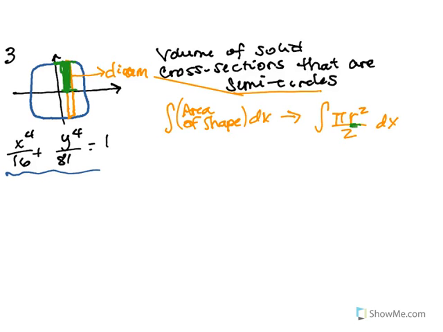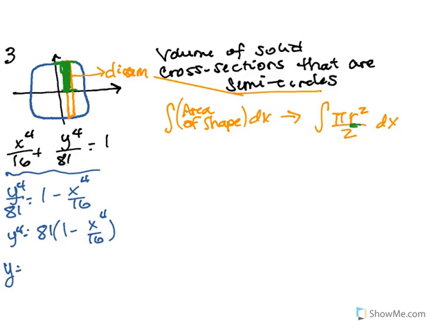So let's look at the equation that we're given, and I'm going to solve this for y. y to the 4th over 81 is 1 minus x to the 4th over 16. Multiply by the 81, and then take the 4th root. Now when we take the 4th root, we have to remember there's going to be a positive and a negative 4th root of all of this.